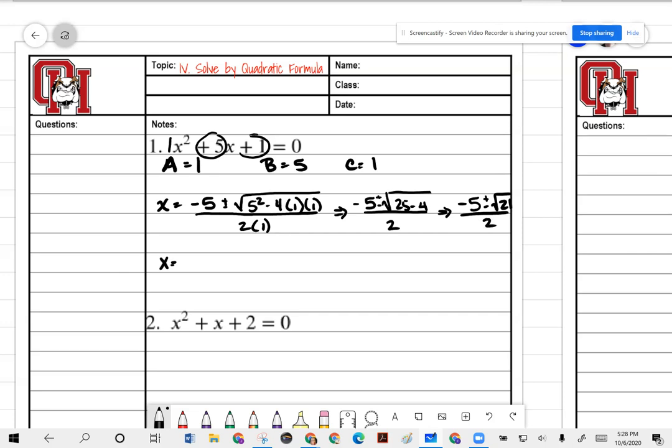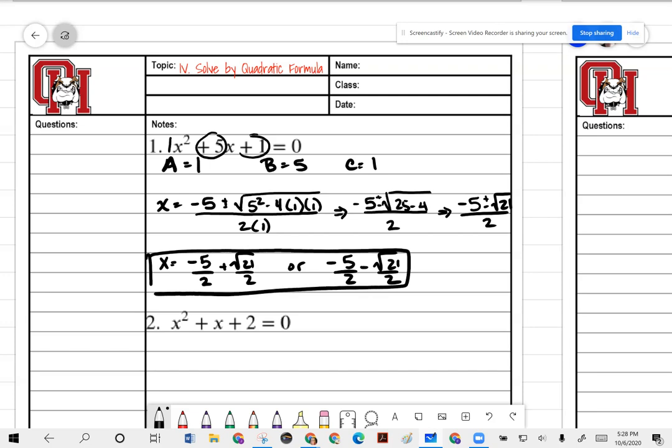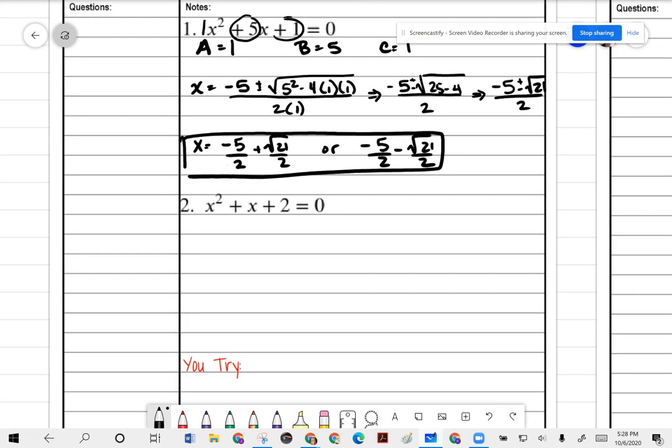I would like you to get in the habit of separating that as negative 5 over 2 plus rad 21 over 2, or negative 5 over 2 minus rad 21 over 2. So that's going to be how you write your final answers.